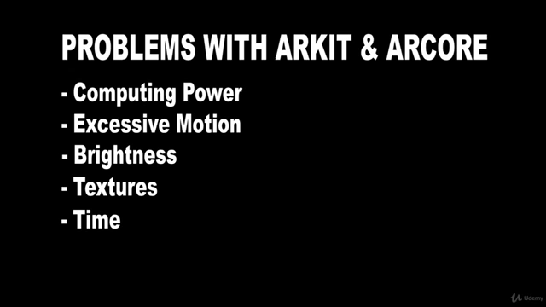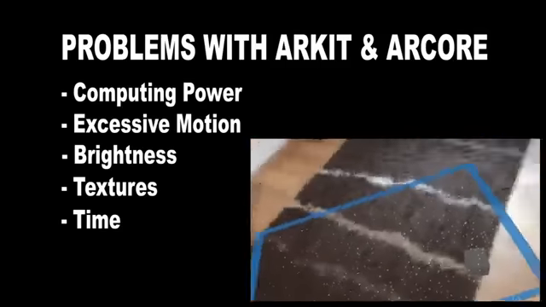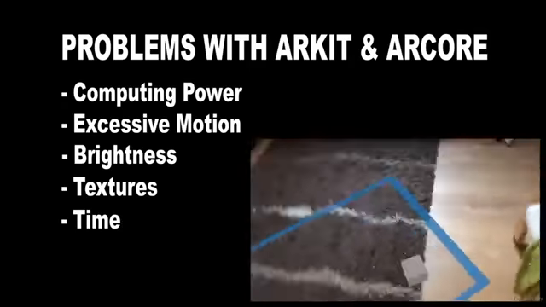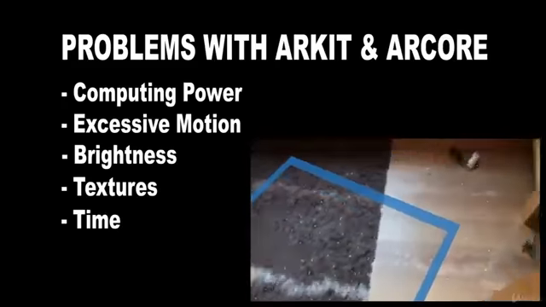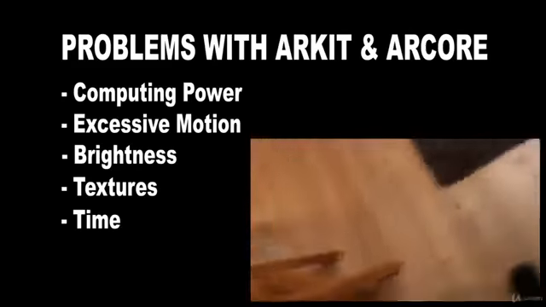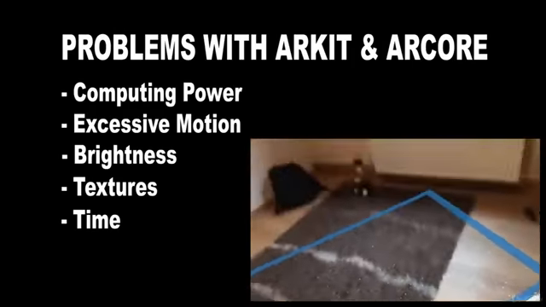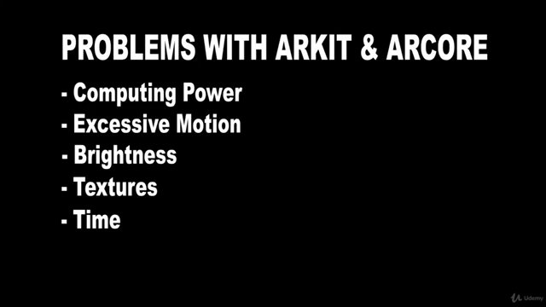Another big problem is excessive motion. When we move the screen too fast, we can't detect any more feature points, and then we can't interact with the real world. A solution for this could be, for example, to instruct the user not to move the camera too fast.